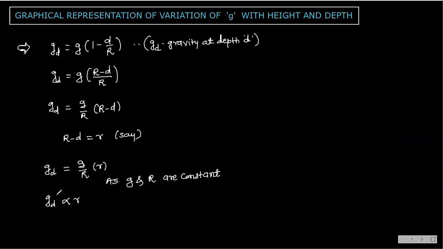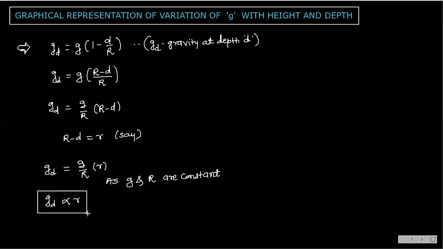Now g_d is directly proportional to r means as you are increasing the small r, that is R minus d value is bigger, your gravity will be less or more? It is directly proportional, no?